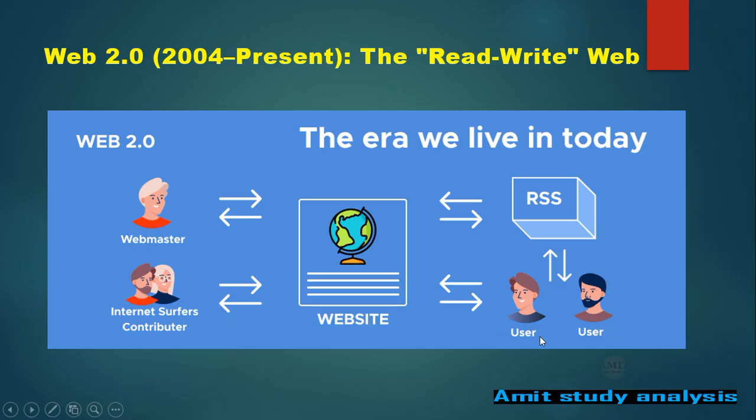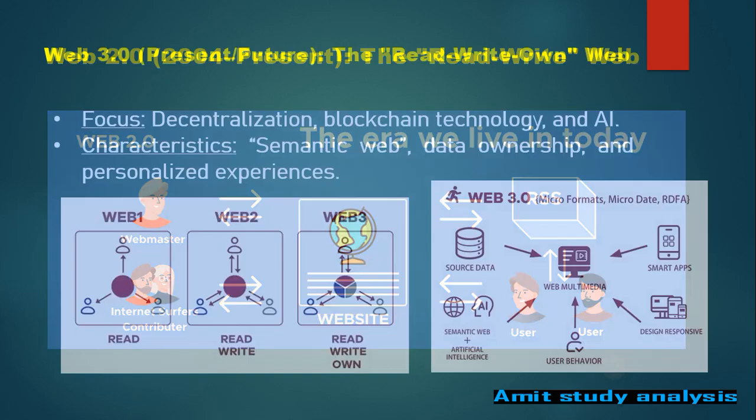So a user becomes able to post their content on the web pages in web 2.0. You can say this is also known as the era we live in today.